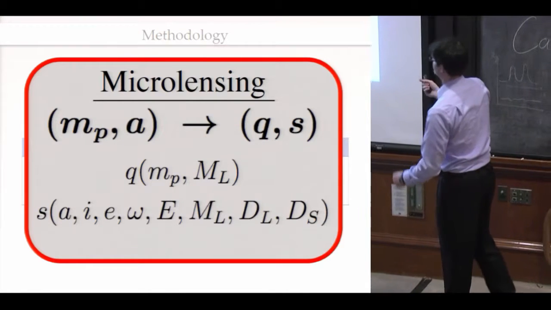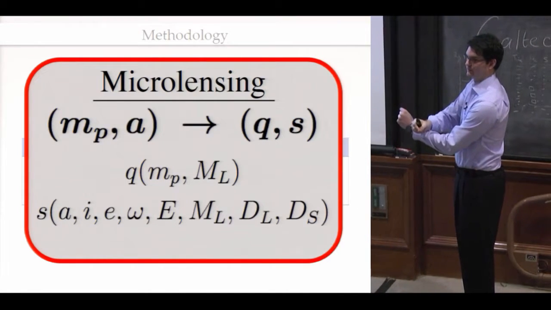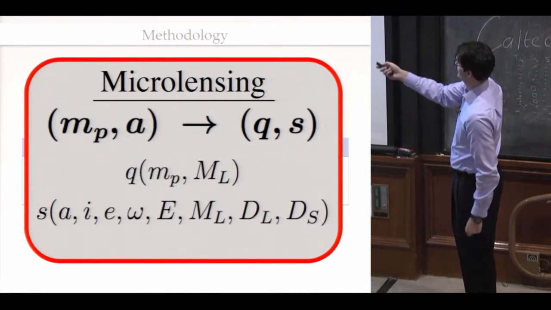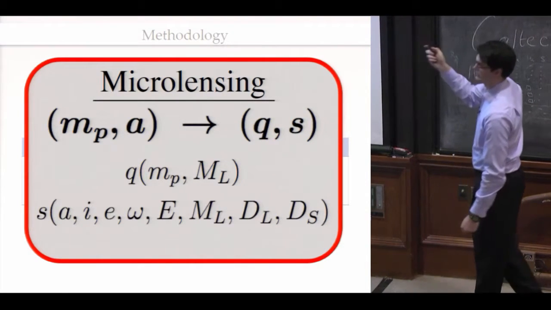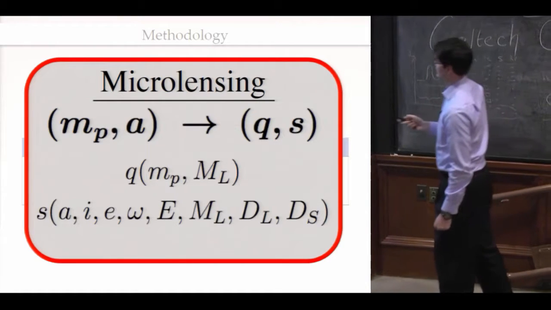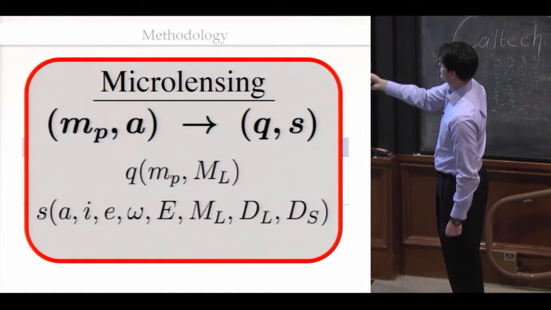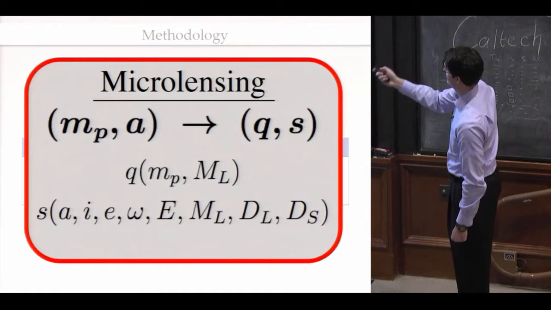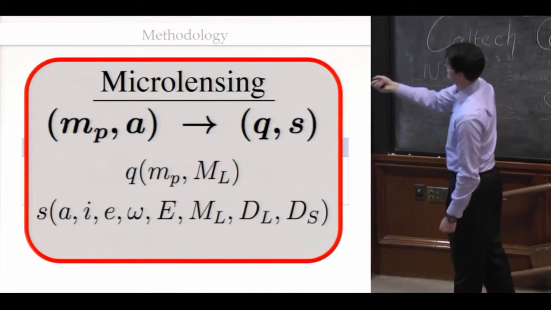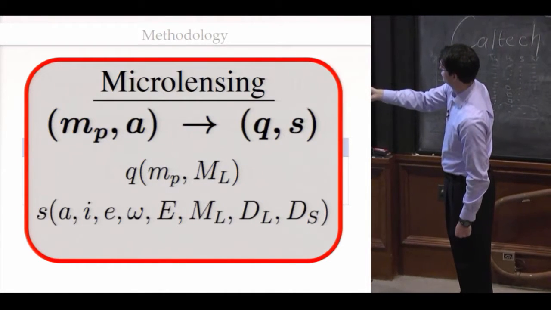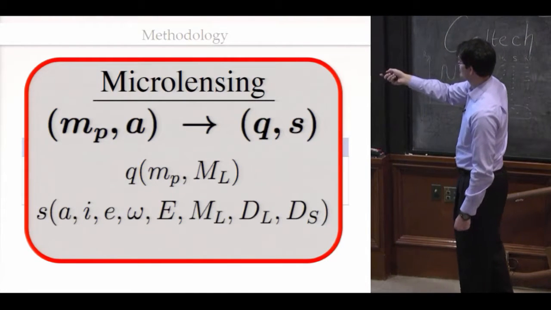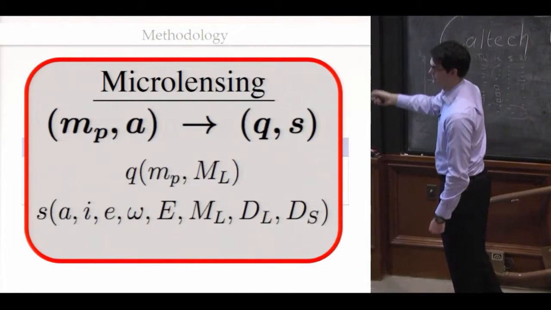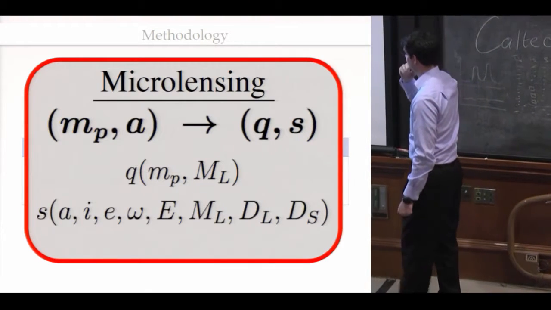In the case of microlensing, we're doing the inverse mapping of the one we looked at before, where we start out with masses and semi-major axes and go to mass ratios and projected separation in units of the Einstein radius. Of course, this mass ratio is a function of the planet mass and the host star mass. And the projected separation is a function of orbital parameters, the mass of the host star or lens, the distance to the lens, and in principle, the distance to the source, although that matters much less.